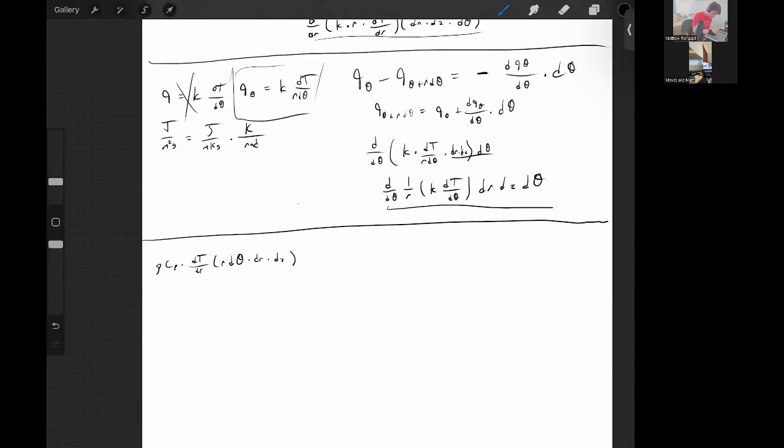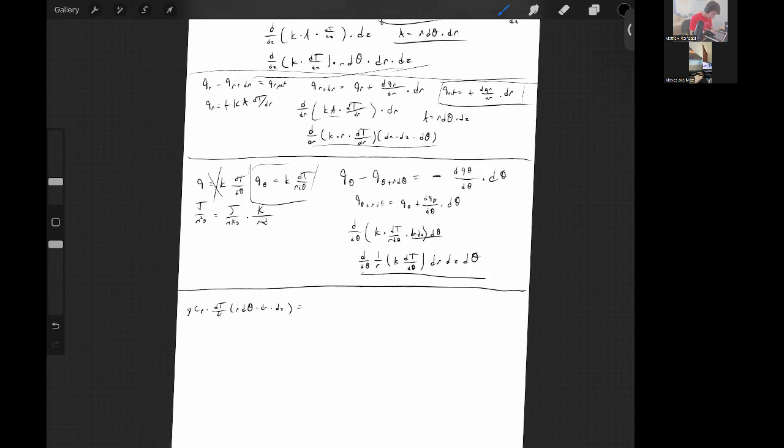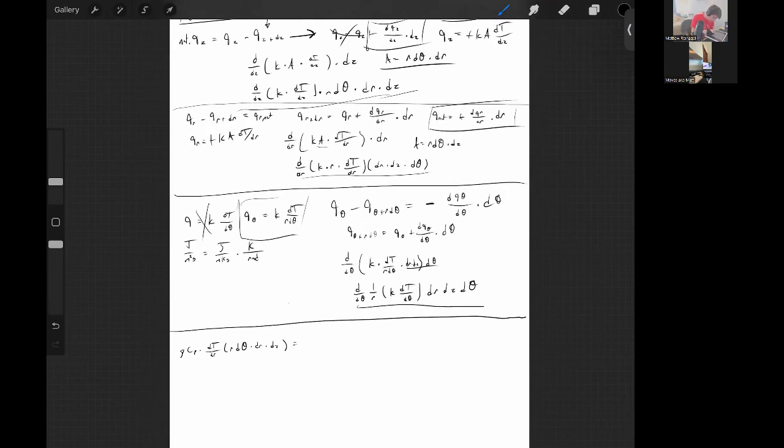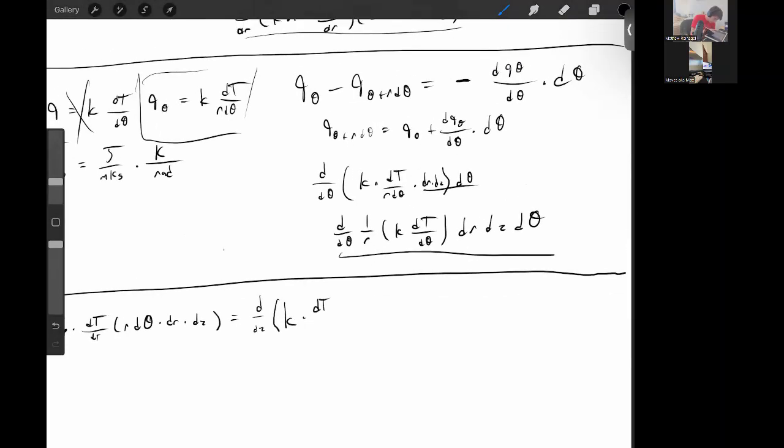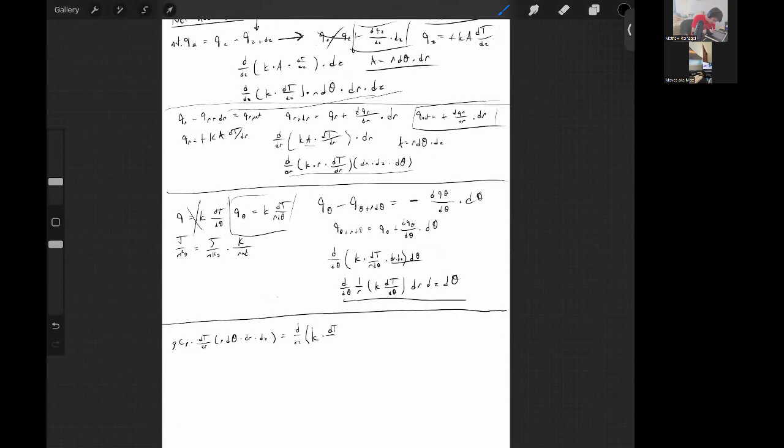Okay, so our energy storage is going to be equal to our net heat flow plus our heat generation. So now we're just going to set all of the equations here. We're going to say dz times thermal conductivity times the temperature gradient in regards to dz is equal to r d theta by dr multiplied by dz.